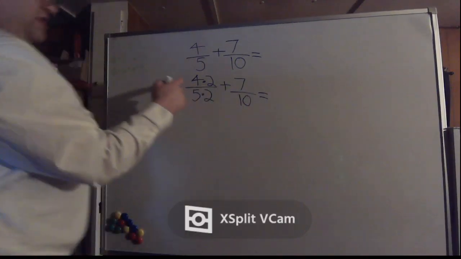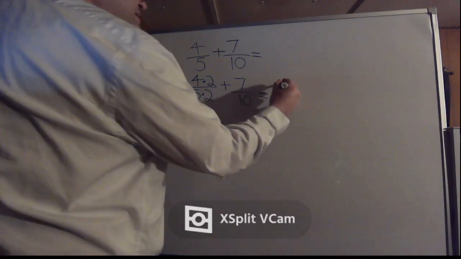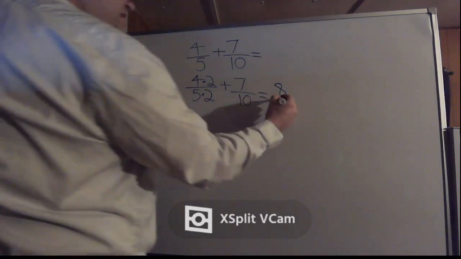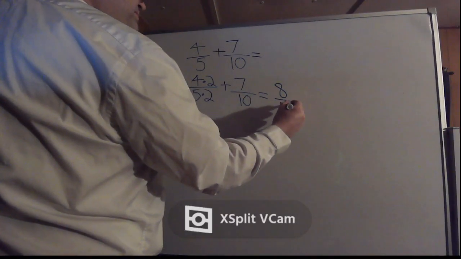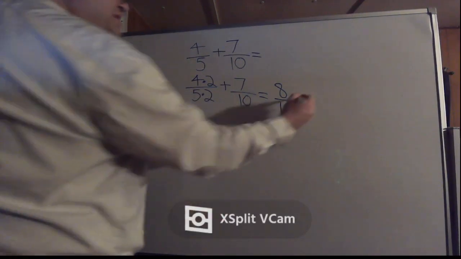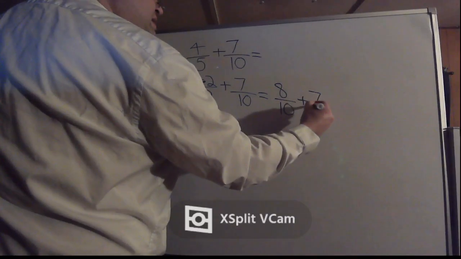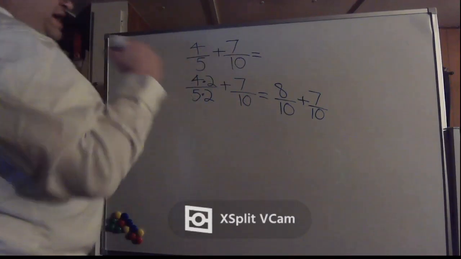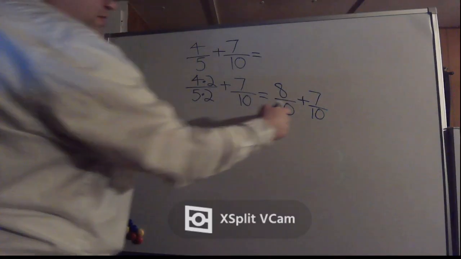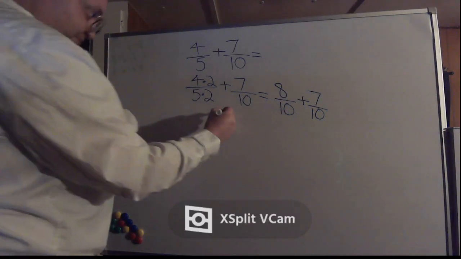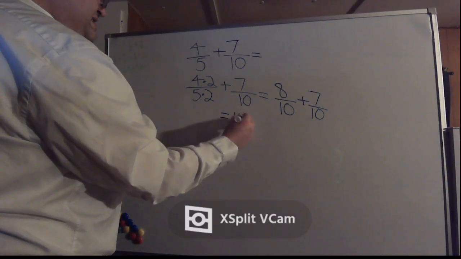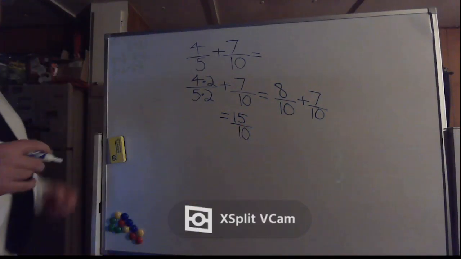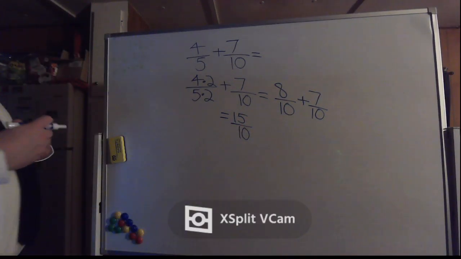So then you multiply 4 times 2, you'll get 8. And then 5 times 2 is 10. So you'll have 8/10 plus 7/10. If you add them together now, since they have the same denominator, you can go ahead and add them. That will give you 15/10. But it's not yet in its simplest form. 15/10 has a common 5 from them.